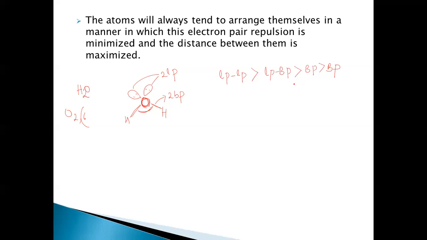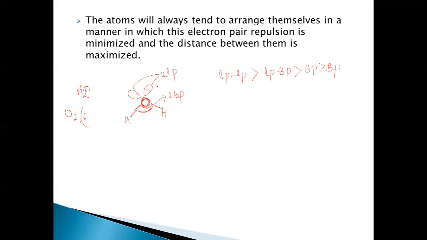Just don't mug this up as it is, just try to understand the logic behind it. I'll tell you again. These lone pairs are under the influence of only one atom. They are loosely held. They can occupy more space around this central atom, so they try to repel each other. So the repulsion is more in the case of the lone pairs.